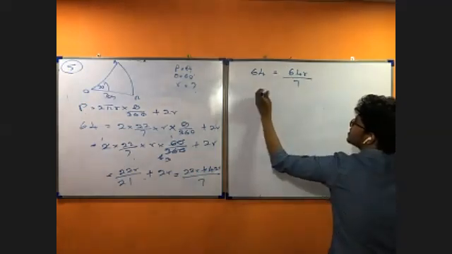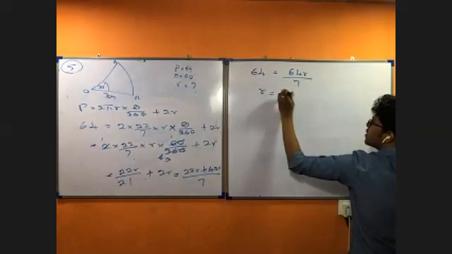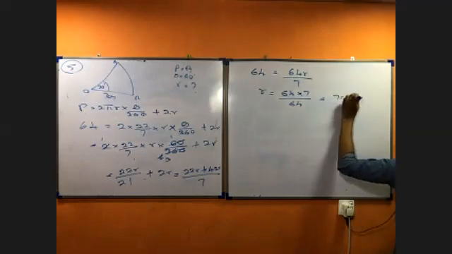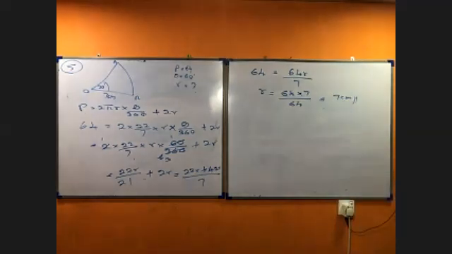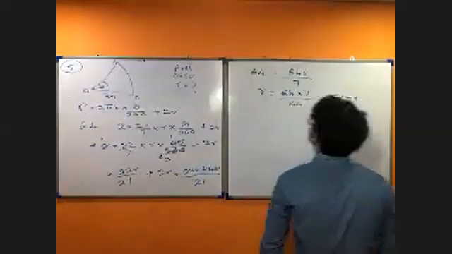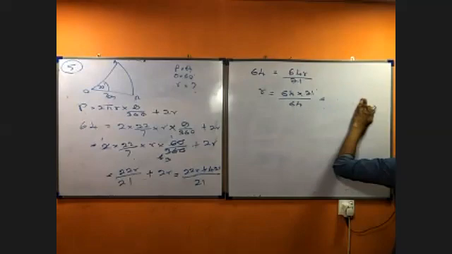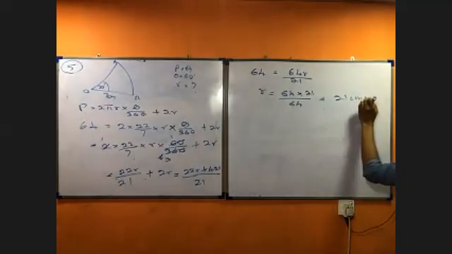So r is equal to what? 64 times 21 divided by 64, which is equal to 21 centimeters. Yeah, this is 21. Sorry, r is equal to 21 centimeters.